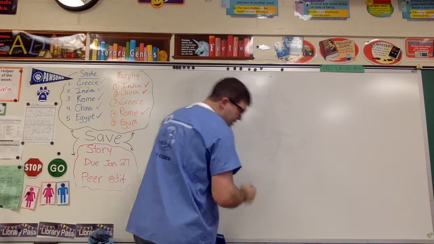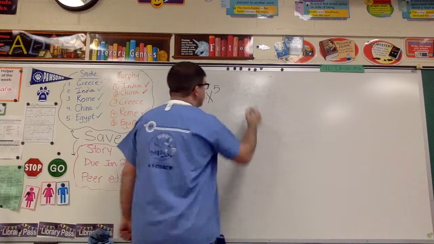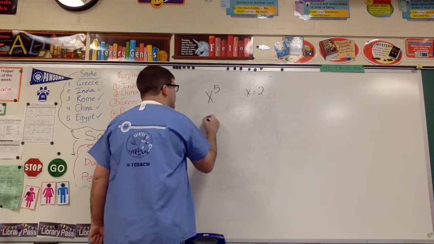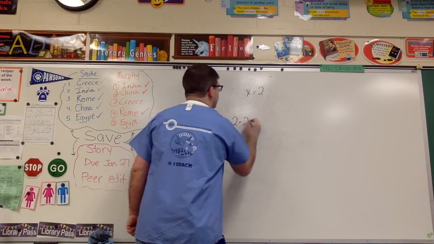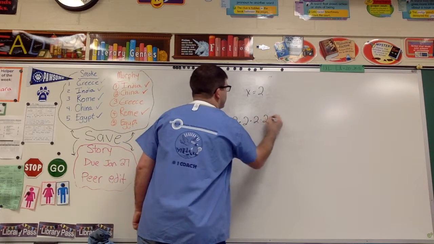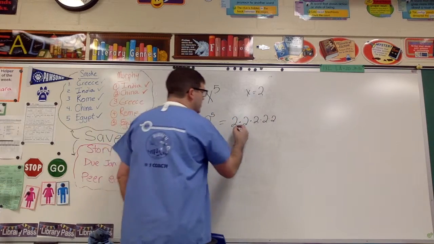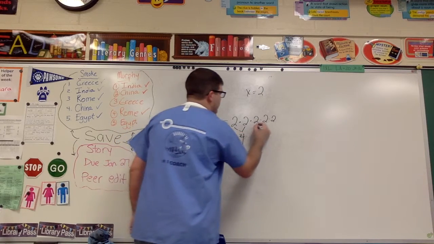Okay, number 3. Randy ran x to the 5th laps, and it tells us that x equals 2. So again, I just replace x with 2, keep my exponent. That equals 2 times 2 times 2 times 2 times 2. 1, 2, 3, 4, 5. Okay, so I make sure I have those, and I just do it. 2 times 2 is 4.